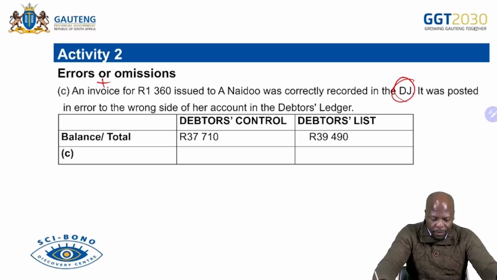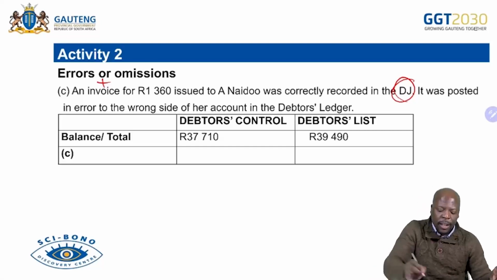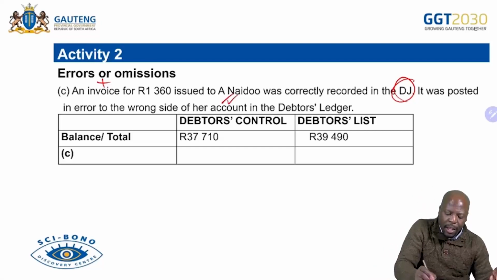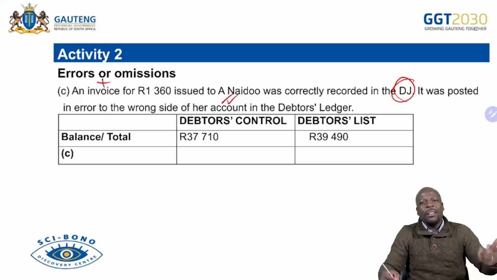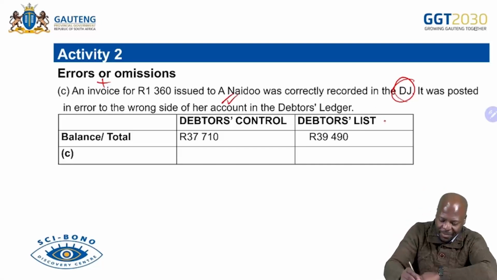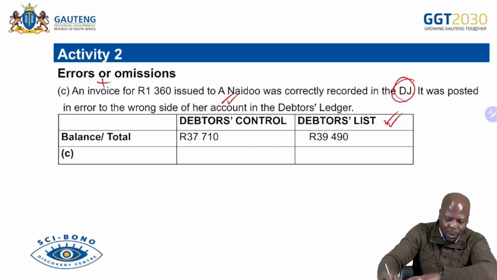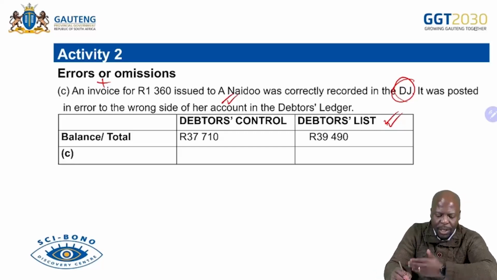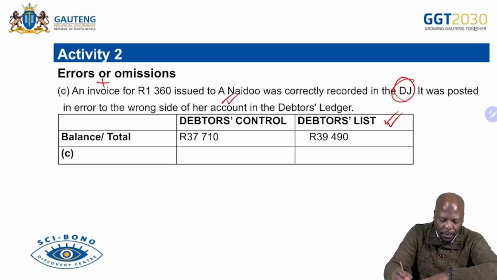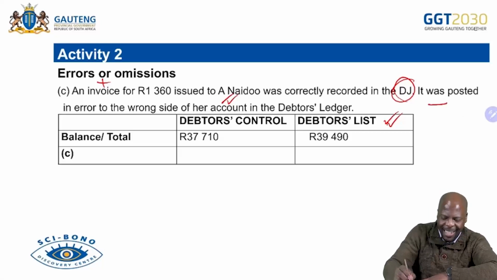But here's the error. It was posted in error to the wrong side of what? Her account. Once they say her account, they're referring to the individual account. Individual account is talking to what? The debtors list. There we go. So what does that mean? It is 1,360, which is posted to the wrong side. Wrong side means it is a plus, but it was posted to the minus.